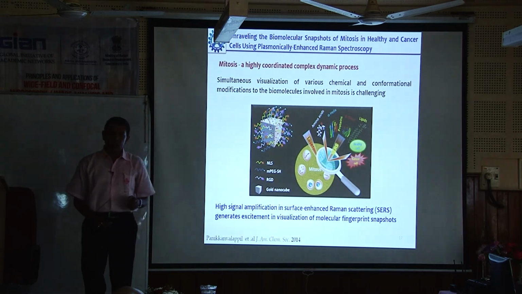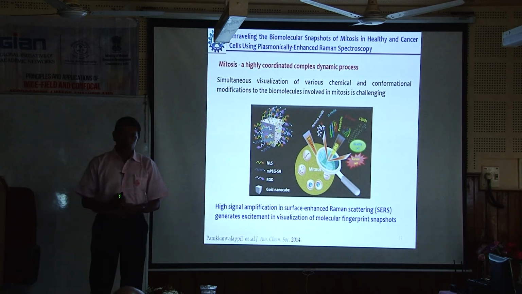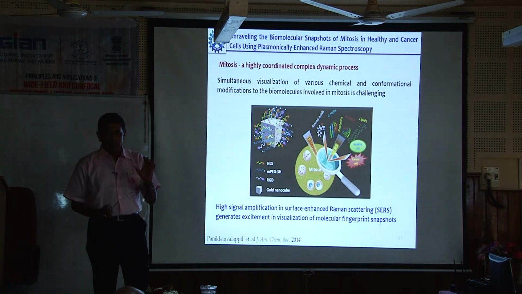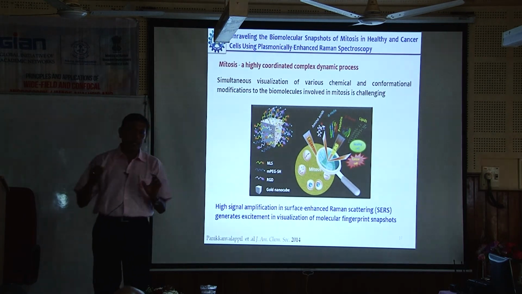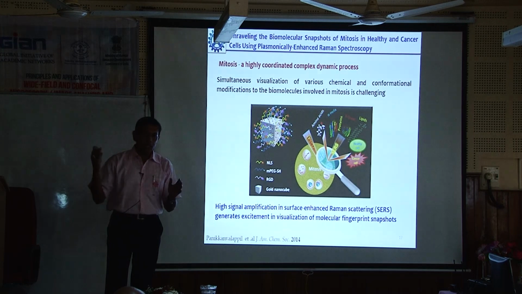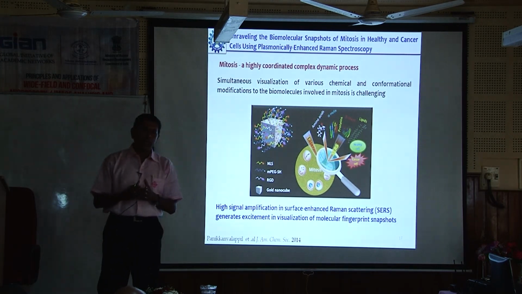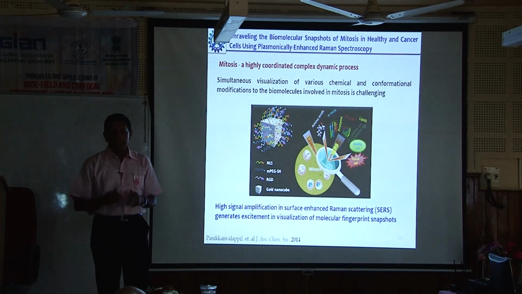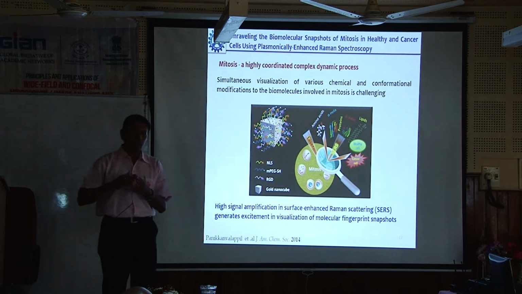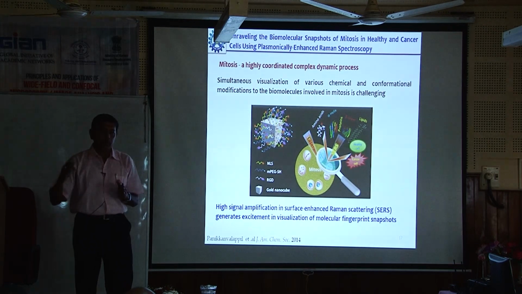One of the therapeutic treatment modalities is photothermal therapy, where if you irradiate a nanomaterial with a laser, you can generate heat, and that temperature generally will be in the 40 to 50 degree Celsius range.